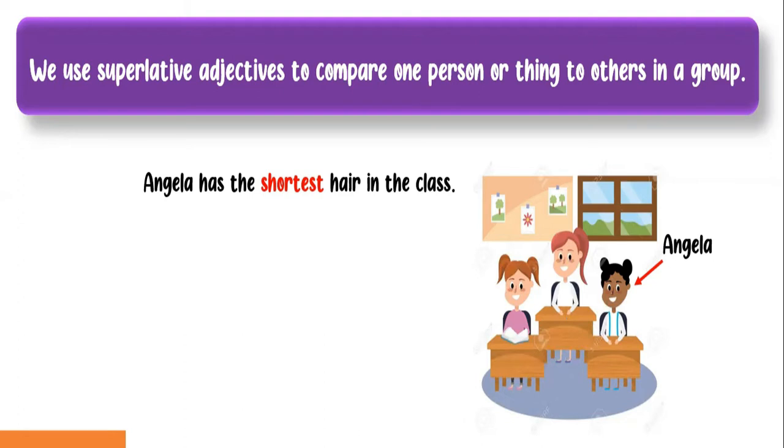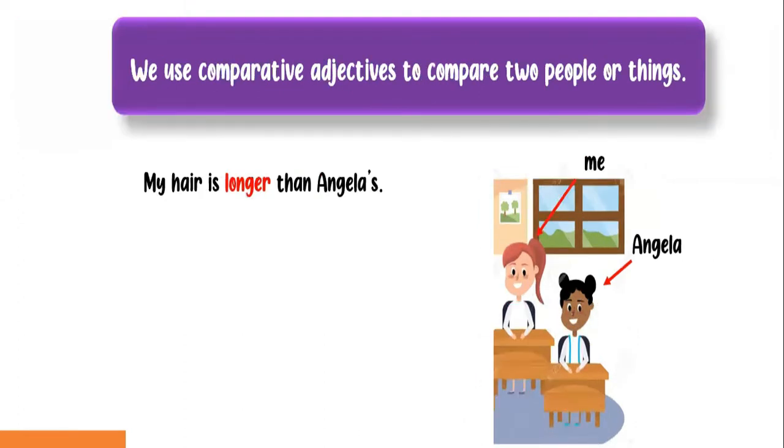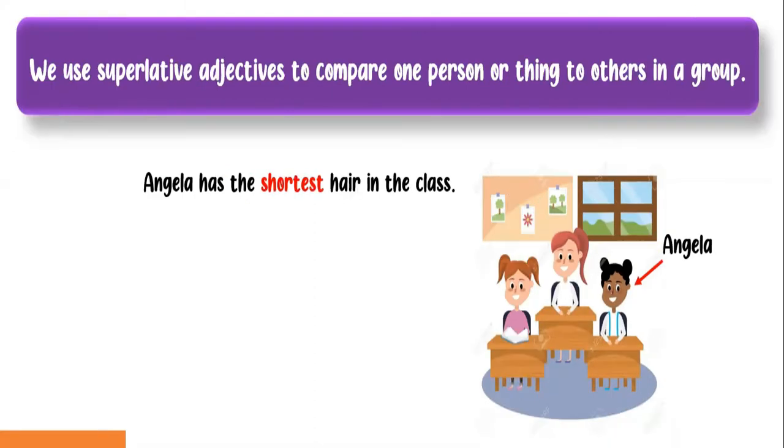Look at the picture. In the comparatives, I compare two people or two things. In the superlatives, I compare one person with other people in a group. Like in here, we have three girls. We are comparing Angela with the other girls. They are three. I'm comparing three, right? Okay.